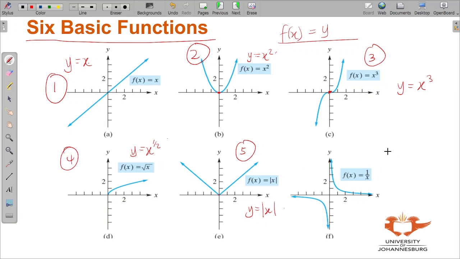And then number six, when y equals 1 over x. You see that it is symmetric about the origin. All right, so please, these six basic functions, we are to know them because they will help you as we go along.